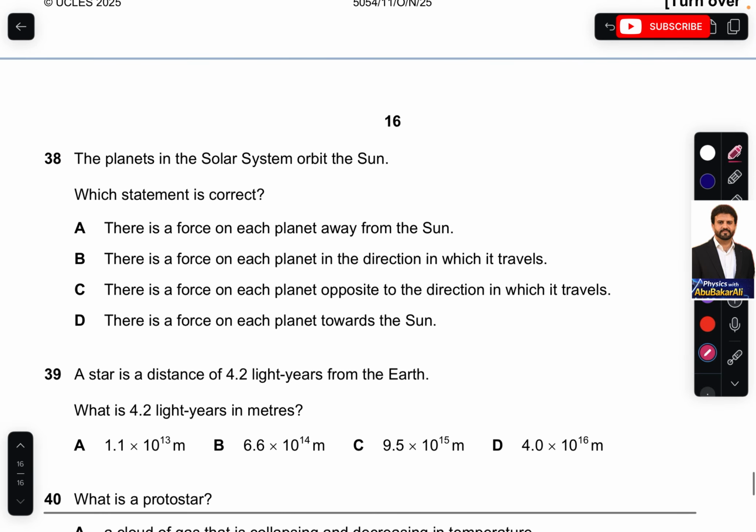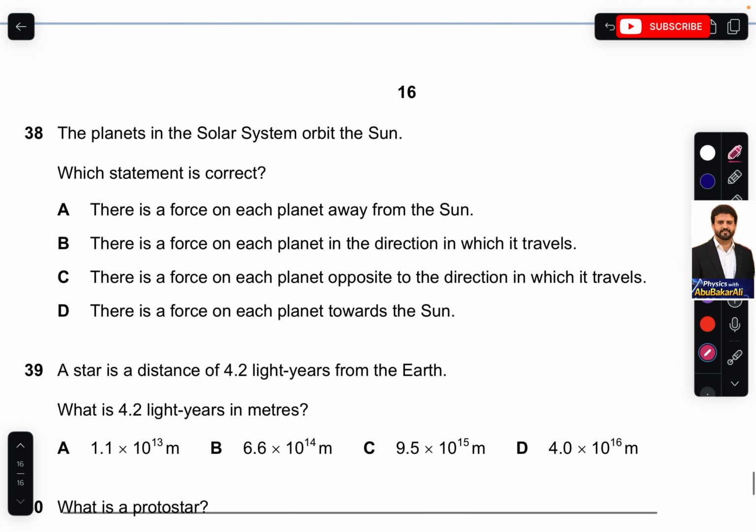Question 38. The planets in the solar system orbit the sun. Which statement is correct? First, there is a force on each planet away from the sun. No. The sun is pulling the planet toward itself, right? Okay. There is a force on each planet in the direction in which it travels. No. They're moving in a circle.